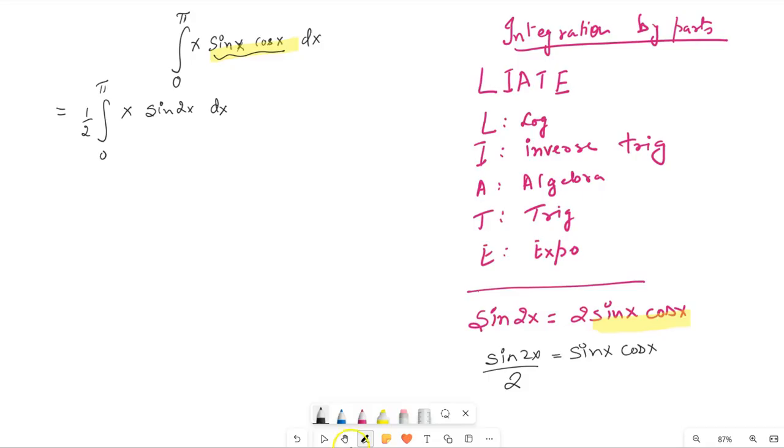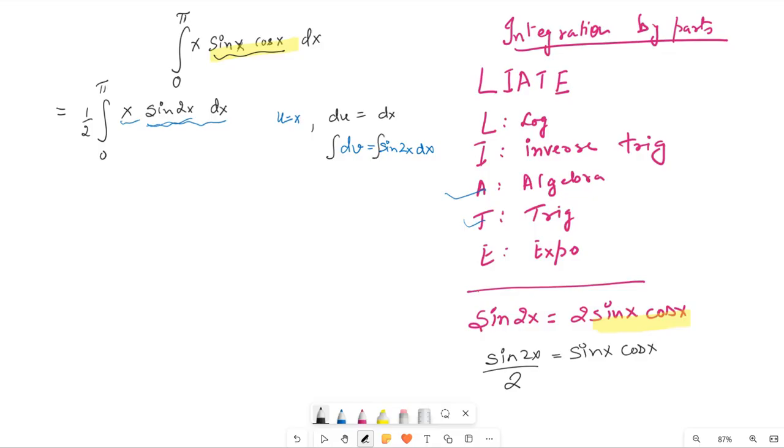Now it's two functions. I can start thinking about integration by parts. There is x, which is an algebraic function, and there is sine 2x, which is a trig function. So x comes first. That means u will be x, and the remaining function attached with dx will become dv, sine 2x dx. We are going to differentiate: x's derivative is 1, so it's just going to be dx.